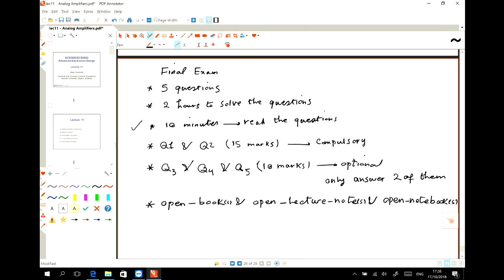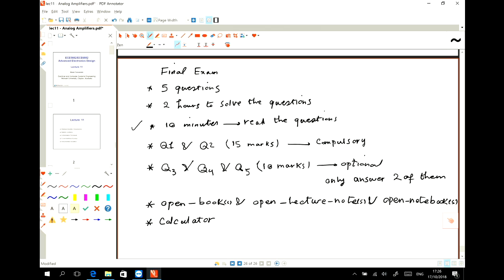Except your laptop and phone, the rest is allowed, okay? And also, any type of calculator you can take. It's not important whether it is, for example, Monash certified or not Monash certified, any type of calculator you can take.